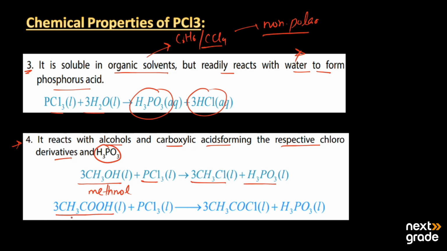On the other hand, when it reacts with acetic acid, with phosphorus trichloride, it produces its respective chloro derivative, chloroacetate, and also phosphorus acid. So the common product is phosphorus acid when it reacts with alcohols and carboxylic acids.